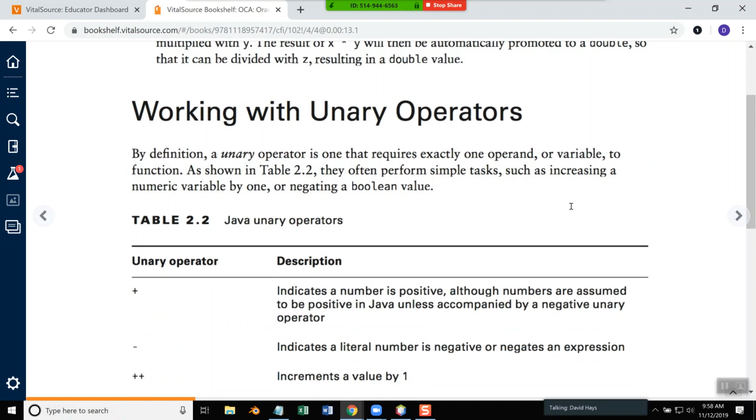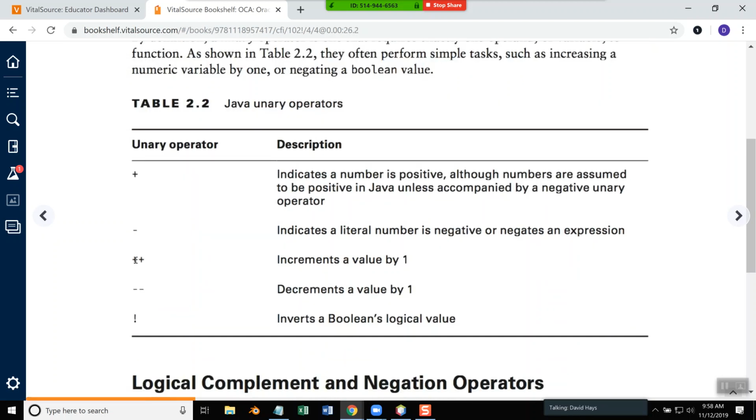Now our unary operators. By definition, a unary operator is one that requires exactly one operand variable to function. We've seen that before, plus plus. That's popular in for loops. It's interesting.